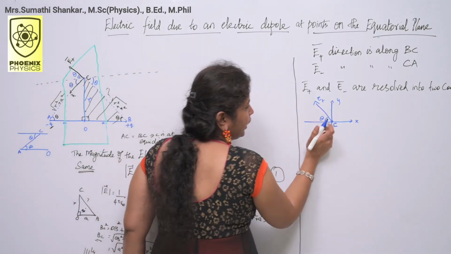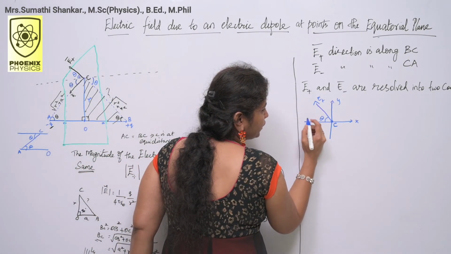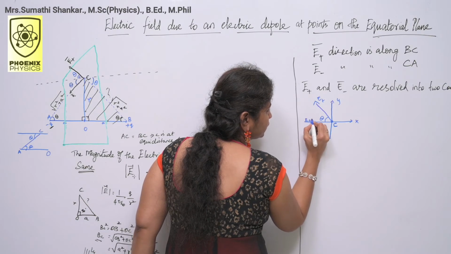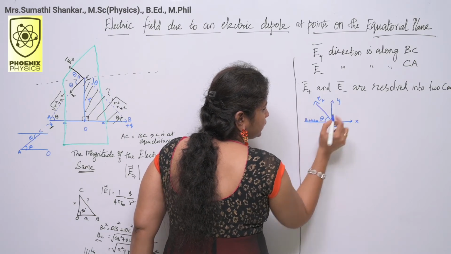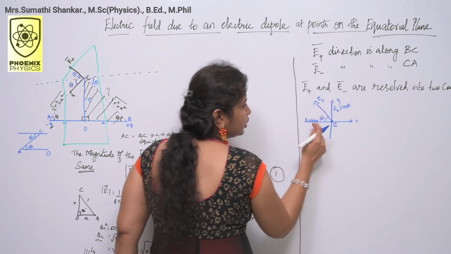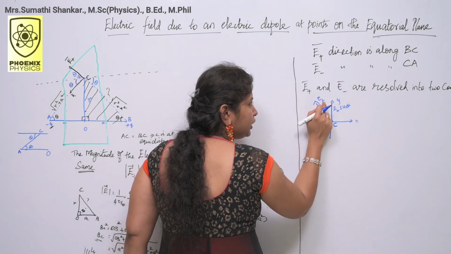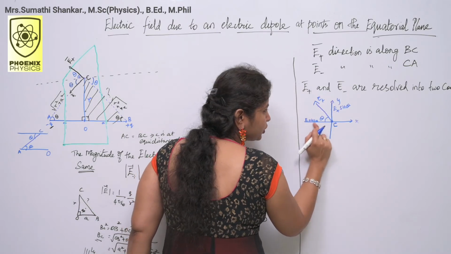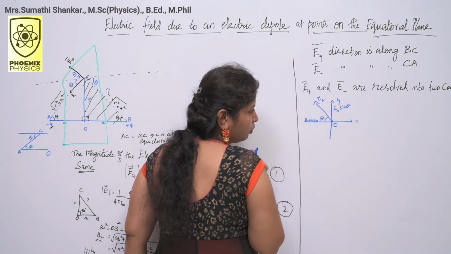Here, adjacent to this theta is E plus cos theta. Opposite side of this theta is E plus sin theta. So I resolved E plus into two components. This is the horizontal component, this is the vertical component.